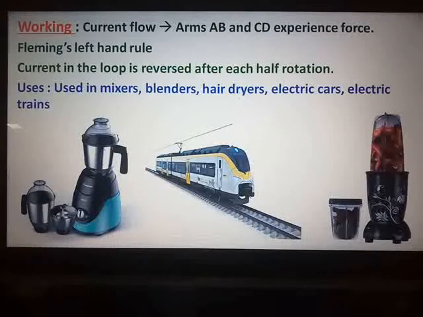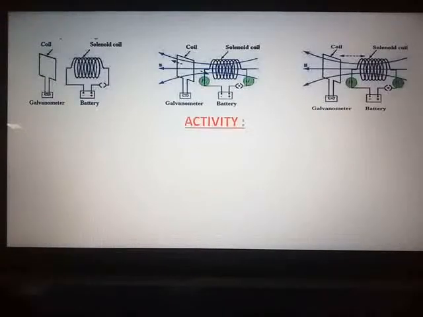After studying the construction and working of electric motor, now we are going to focus on one of the small activities which is on page number 57 of your textbook. Try this. You know the galvanometer topic is removed from the syllabus. So what activity do we have over here?